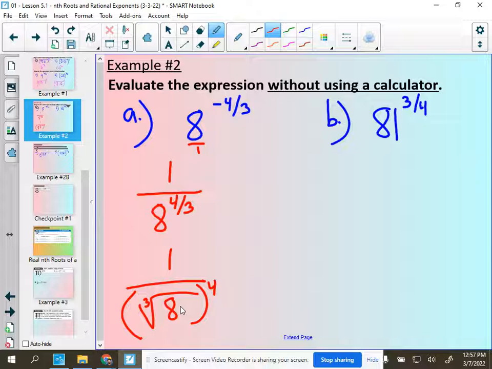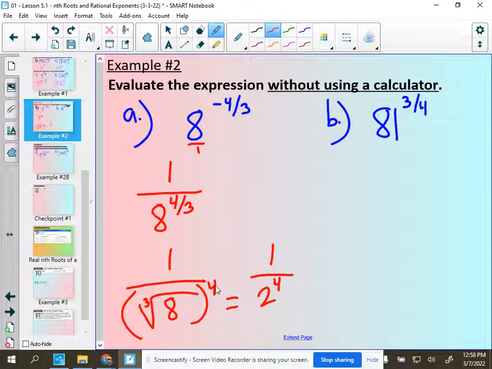So right now, I can simplify this and say this is no different than 1 over 2 to the 4th power. Okay, so we've evaluated the cube root of 8, which was 2. And now I'm raising 2 to the 4th power. It's the same base. I need to multiply it by itself 4 times. So 2 times 2 times 2 times 2, 16.